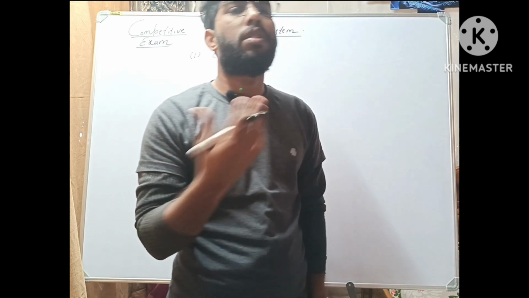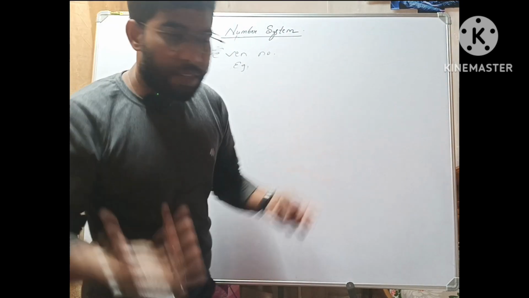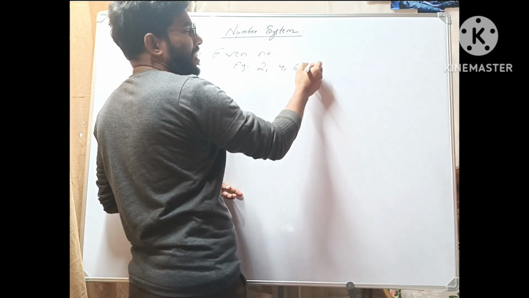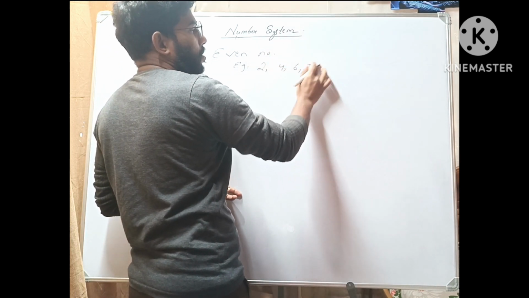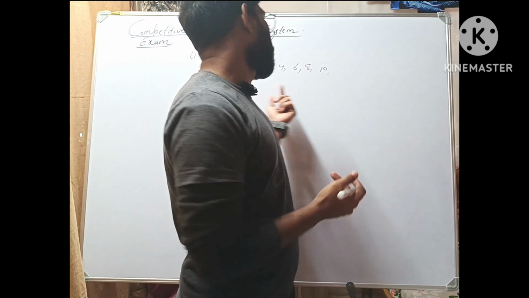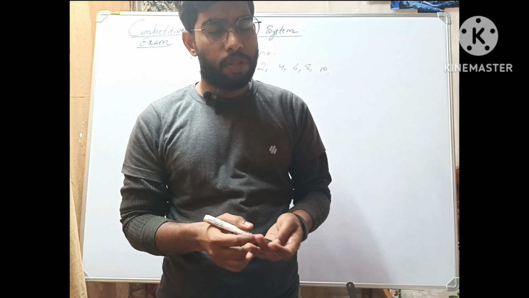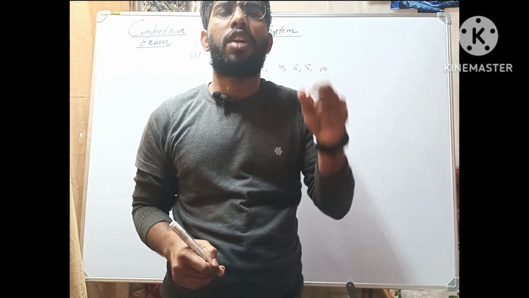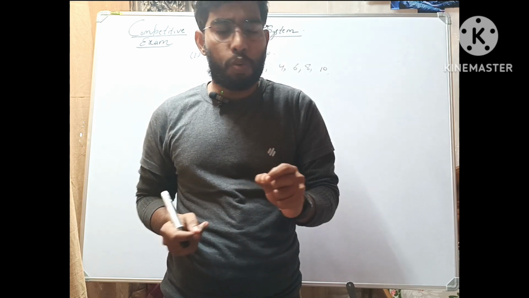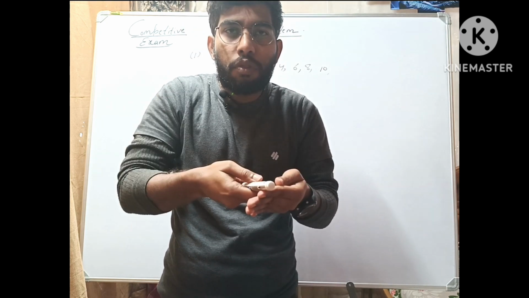Even numbers are those numbers which, it is better to look at from the example point of view: 2, 4, 6, 8, 10. To remember even numbers, you just have to remember that they always start from 2, then 3 is not included, 4, 5 not included, 6.